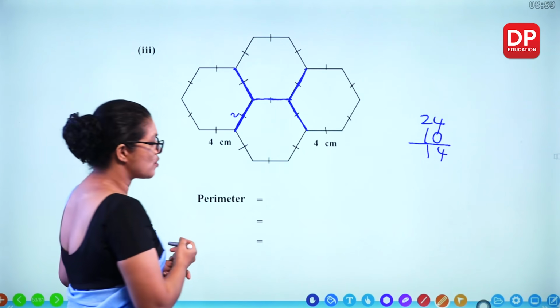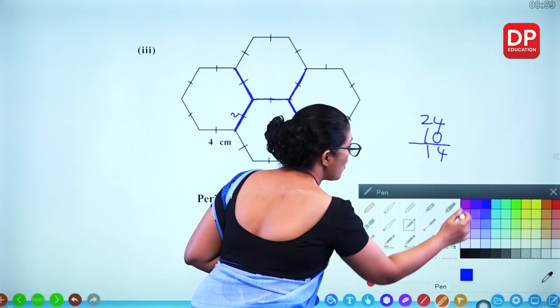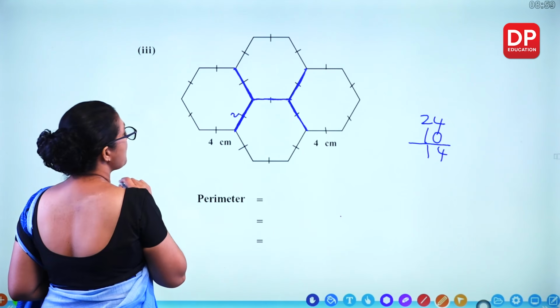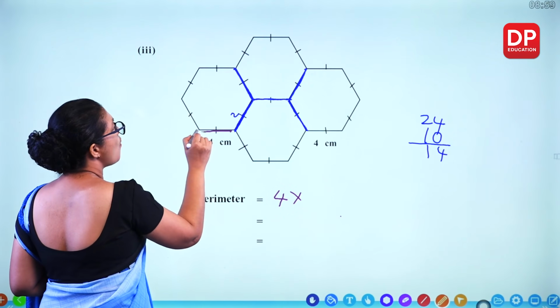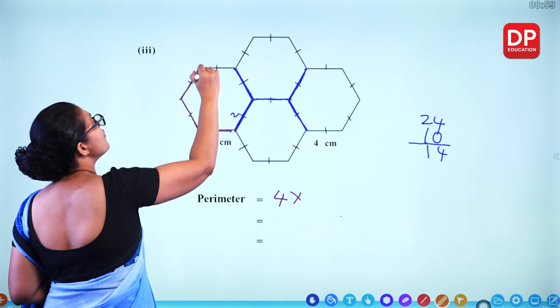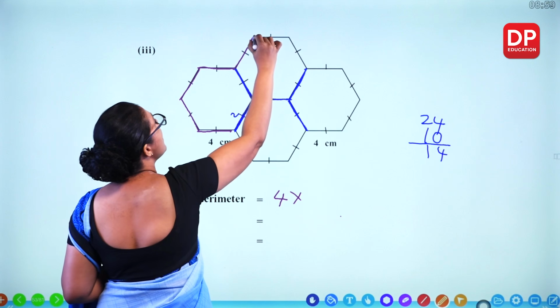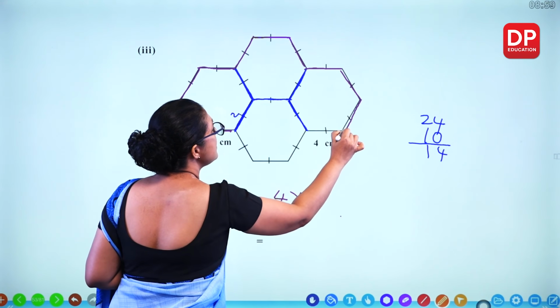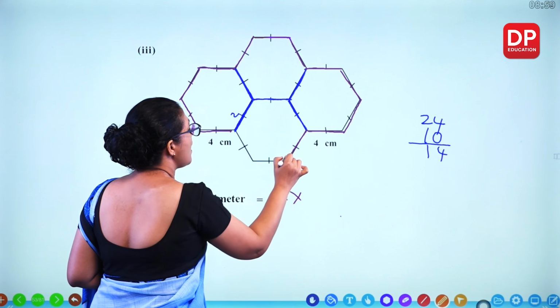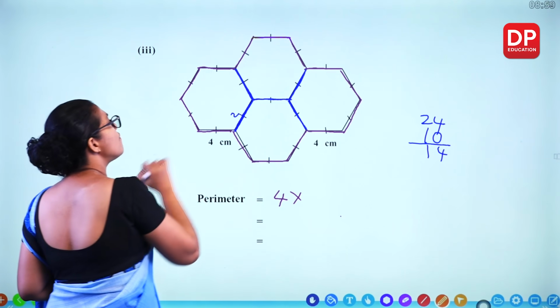We'll check that out. So it's better to always take the outer length. Now we'll see how many 4s are there. 1, 2, 3, 4, 5, 6, 7, 8, 9, 10, 11, 12, 13, 14.